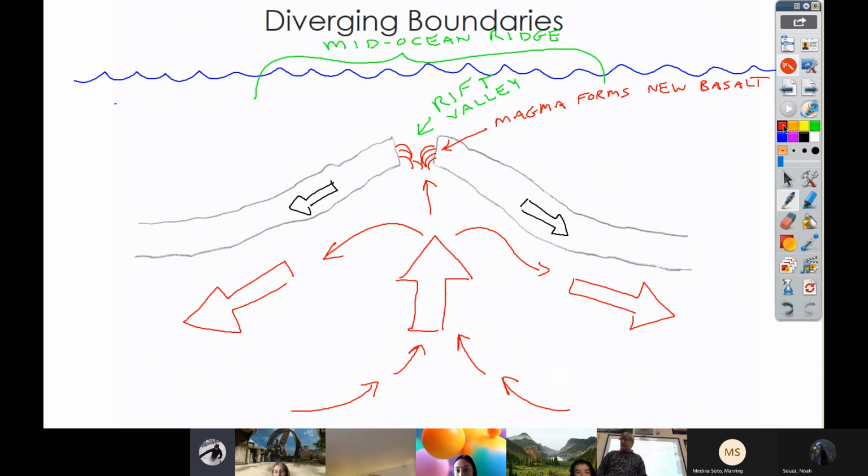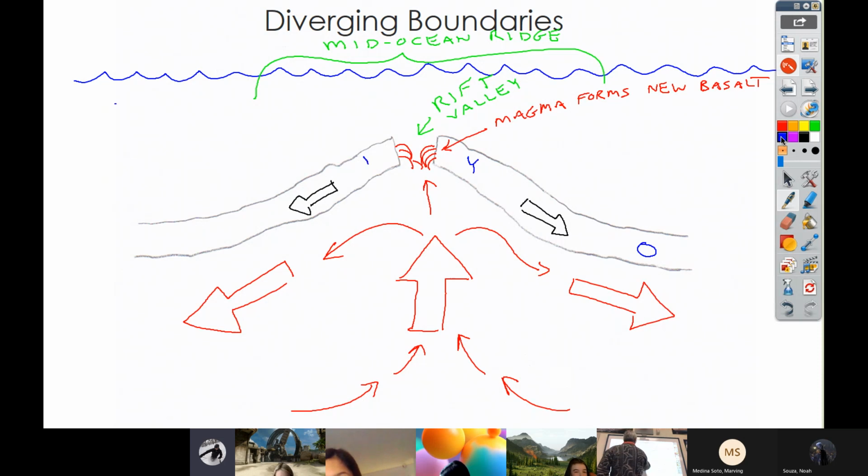Now, we already talked about a couple other details here when I gave you evidence for plate tectonics. And that first detail we want to talk about is comparing the ages of the rock in the plates. So rock that is here, I'm going to label with a Y and an O over here.